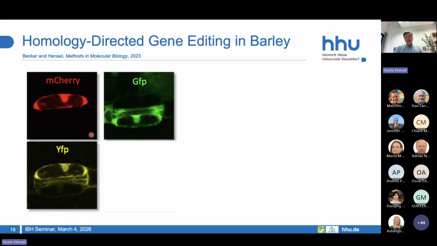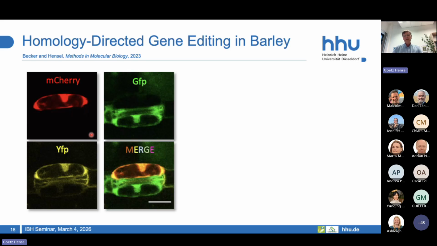And if the YFP fluorescence can be detected, this would be a measure for homology-directed repair. So the outcome can look like this: here we have a cell which was mutated in the GFP, it expresses mCherry, and also at least one of the two alleles was repaired for the YFP.